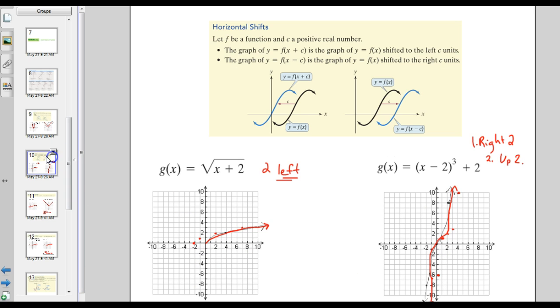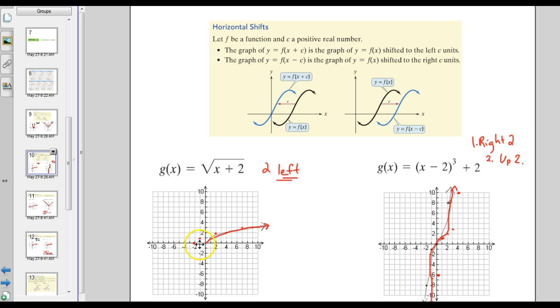Well, what's going to happen here is if we add before we do whatever the function operation is, f acts on the input, it's going to move the graph to the left by c units. If we subtract before we do the base function operation, it's going to move the graph to the right. So this graph is going to move 2 units to the left.